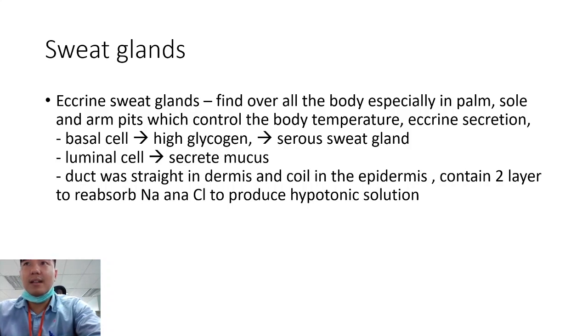The basal cells of the eccrine sweat gland have high glycogen, so they produce a serous secretion, more liquidy and less viscous, compared to the luminal cells, which secrete mucus. That is thicker and has more viscosity.